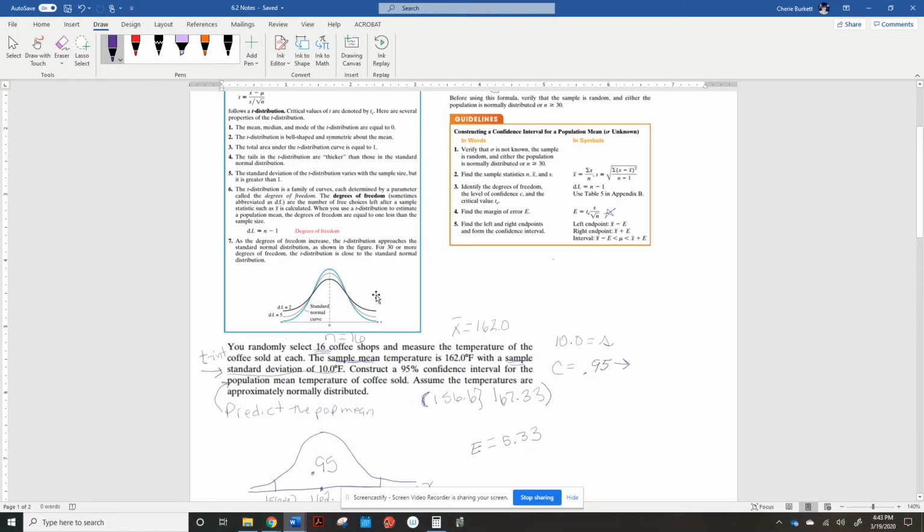So degrees of freedom, I think the example that I use for the night class is if you had 7 pairs of shoes and you wanted to wear a different pair of shoes every day.